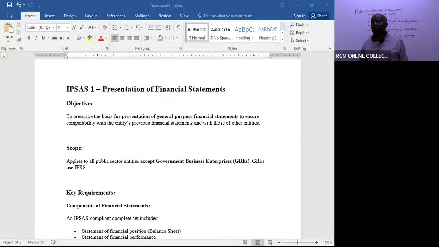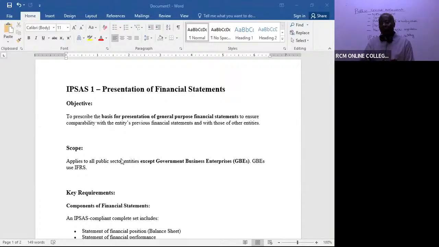Great. So IPSAS number 1, there are over 40 IPSAS standards. The very first IPSAS talks about presentation of financial statements. So how should we have, for example, what we call a statement of financial performance looking like?